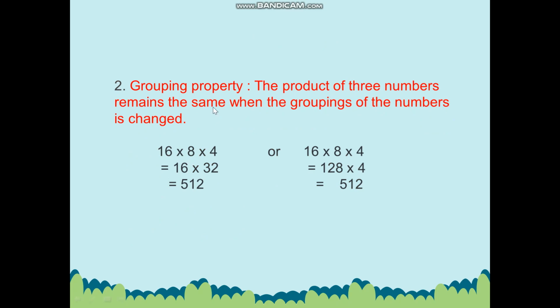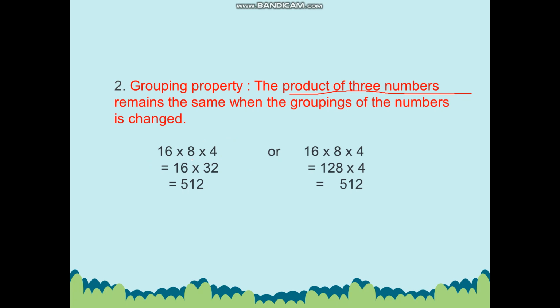The second property is the grouping property, and it says that the product of three numbers remains the same when the grouping of the numbers is changed. Suppose we are given three numbers to multiply: 16 into 8 into 4.